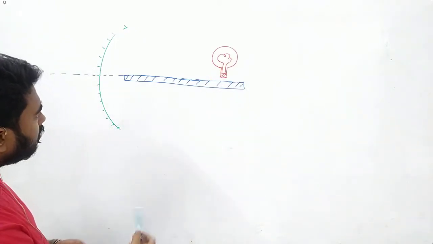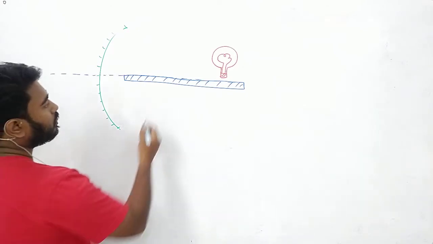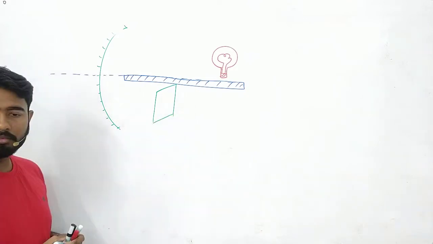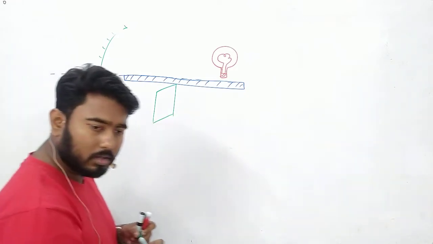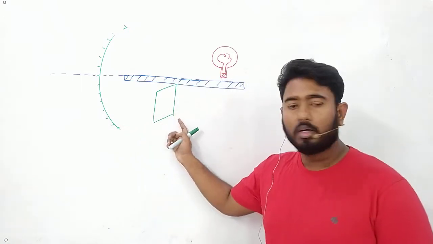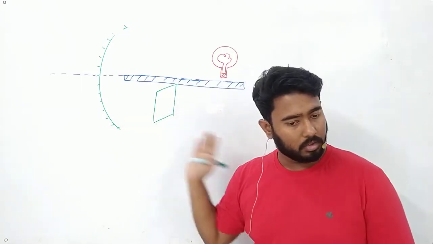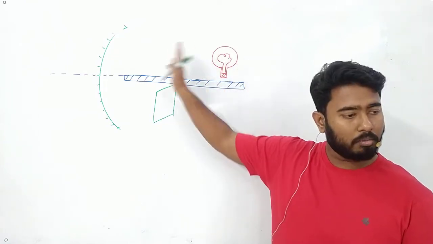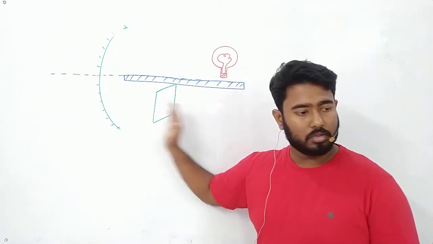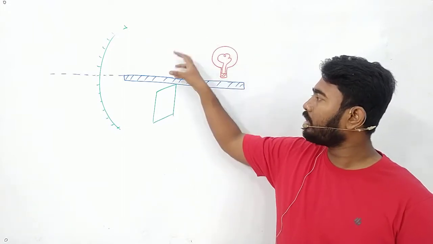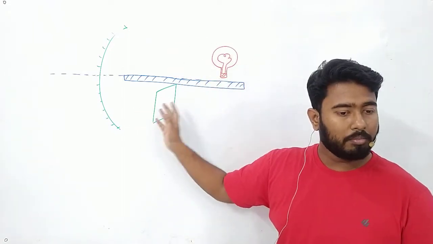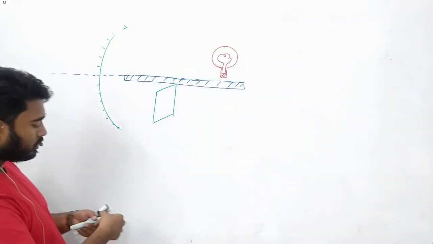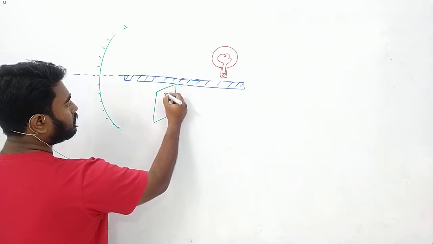Now if we move a paper placed at the bottom of the plank, I will see that depending on the position of the bulb, I can move the bulb also, I can move the paper also. Depending on the position of the bulb, the image on the paper will be sharp at different positions. Suppose when the bulb is here, suppose the image is sharp at this position.